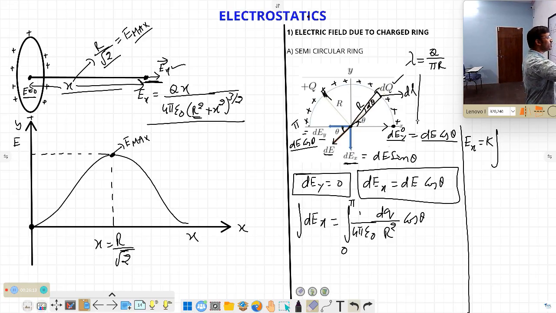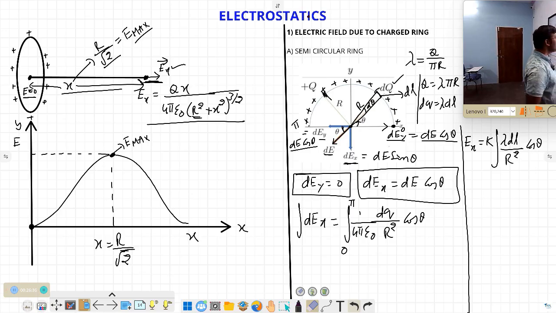So total charge is equal to lambda into pi r. So the elementary charge dq is equal to lambda into the length of this portion, which I can write as dl. So dq is equal to lambda into dl, and the distance is capital R square into cos theta.